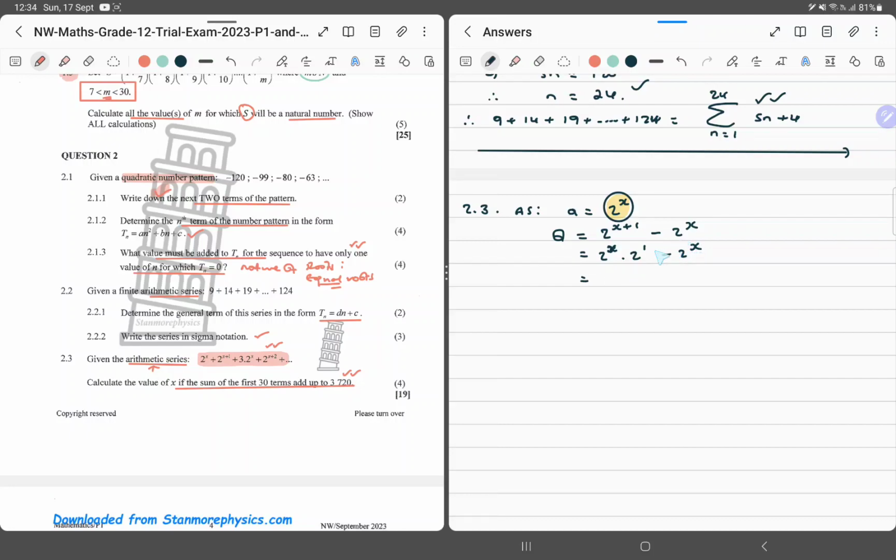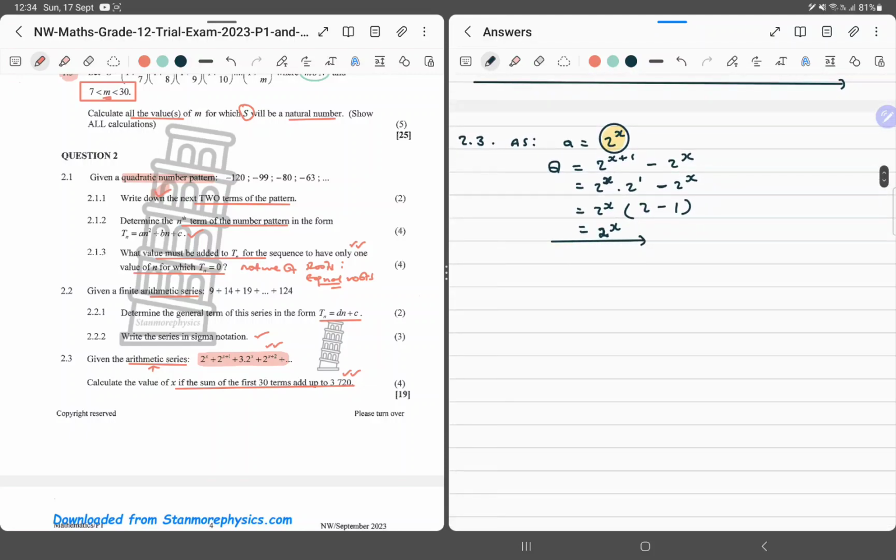And as you can see here, there's a common factor. We can factorize this thing because we've got 2 terms. 2 to the exponent x is the highest common factor. Then we're remaining with 2 minus 1. Okay? 2 minus 1 is 1. 1 multiplied by 2 to the exponent x is just 2 to the exponent x. So this is our d. Okay? So, that's it. Nice and easy.